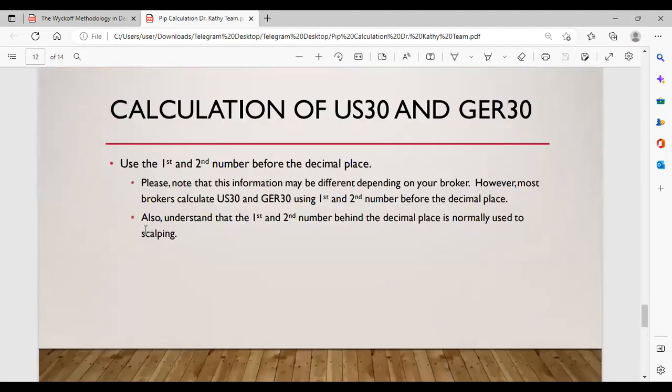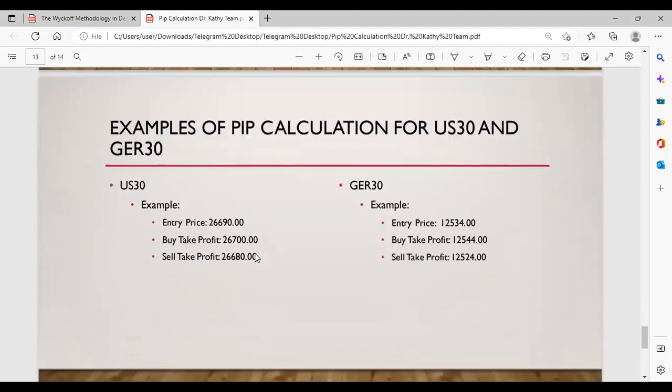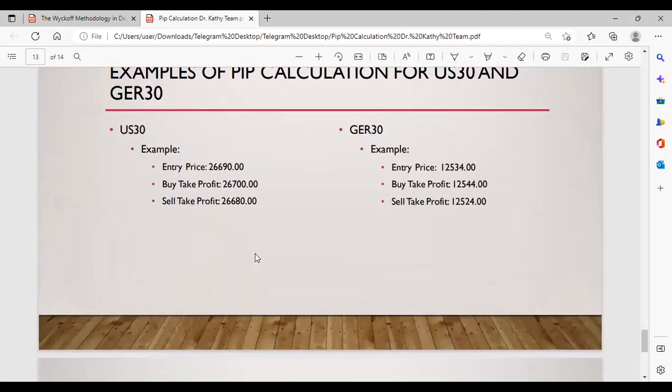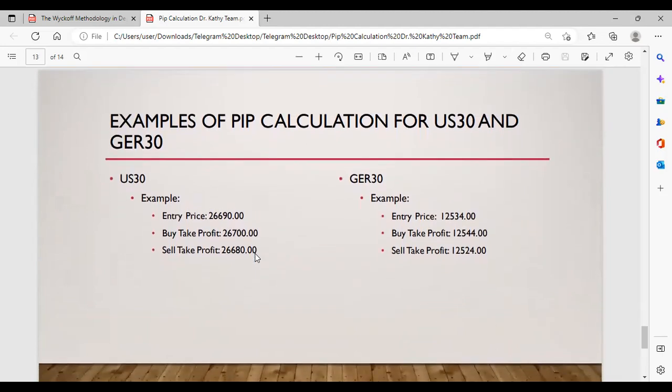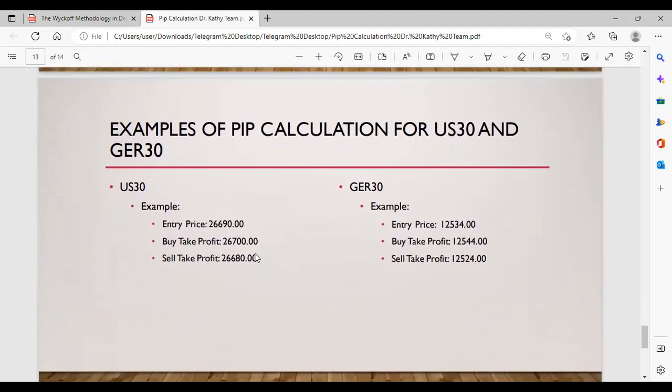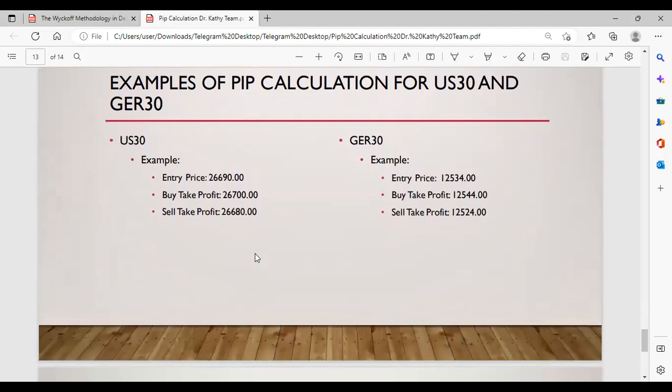Wait, scalping, let me explain what scalping is because some people might be confused. Scalping is when a trader trades in minutes, right? Or using hours, and it's done for a day. So scalpers just trade in minutes, make their money and they're gone.